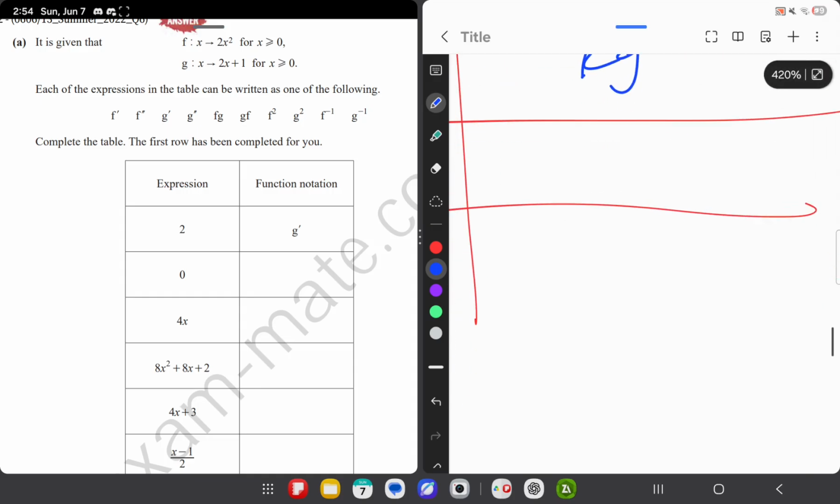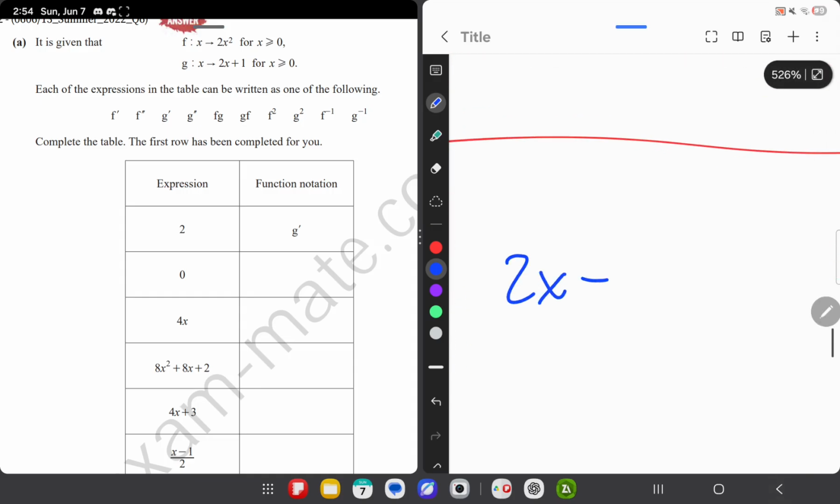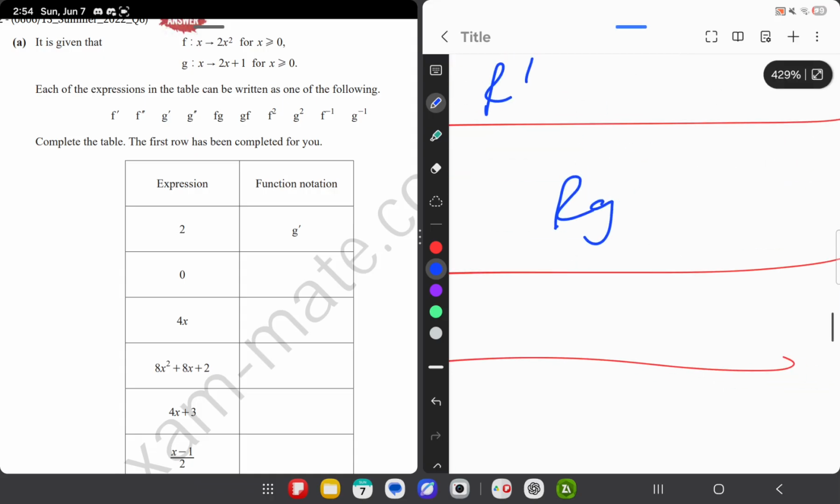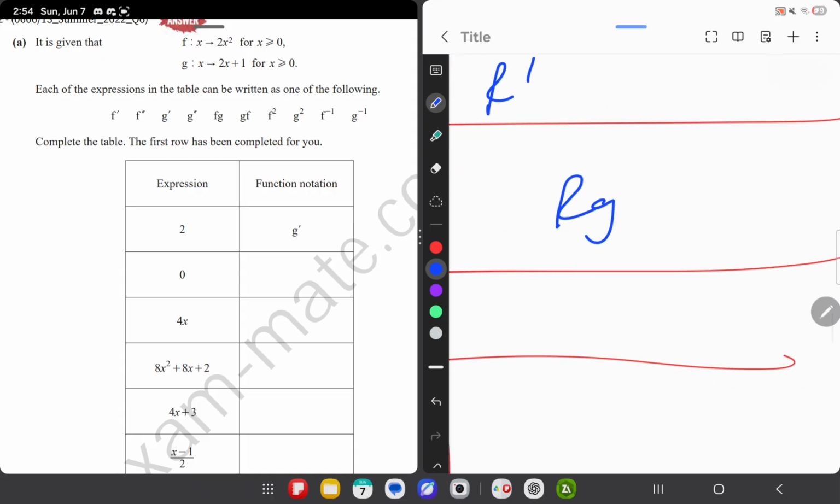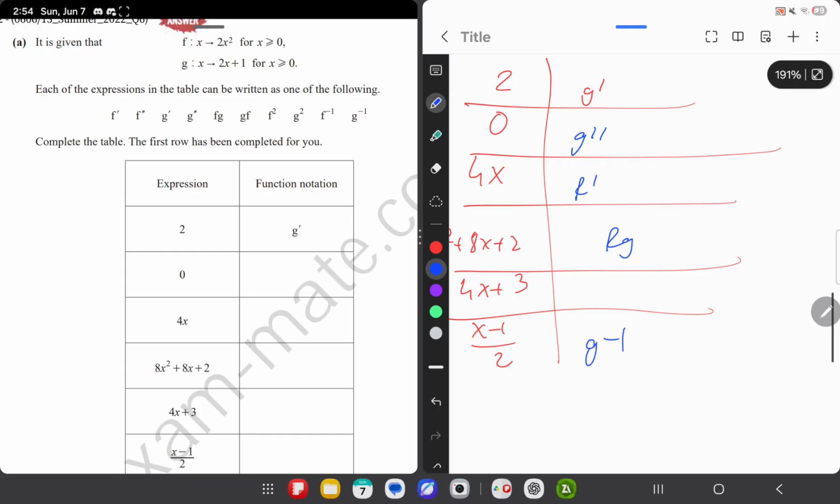I'm hoping. 2x plus 1. This is 4x squared plus 1. No. Okay, this last one here is g prime, inverse of g.